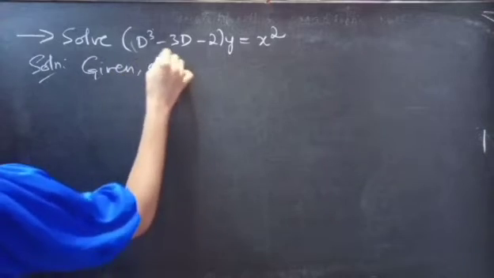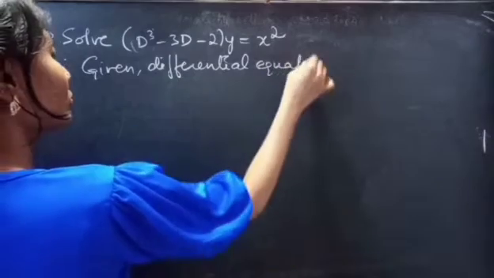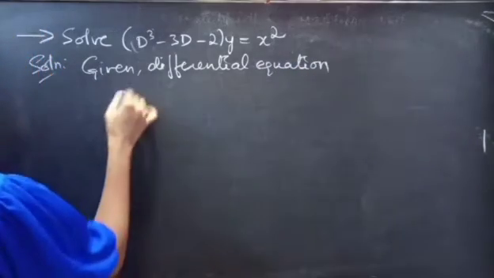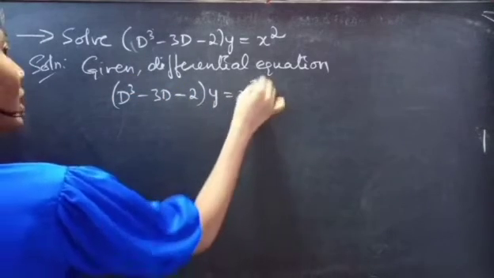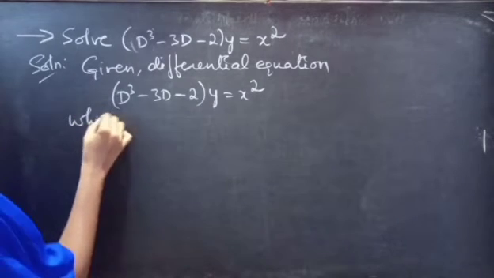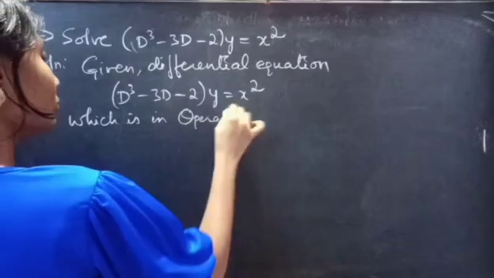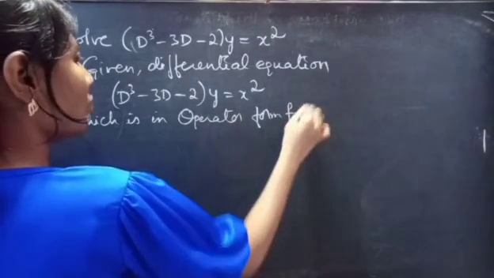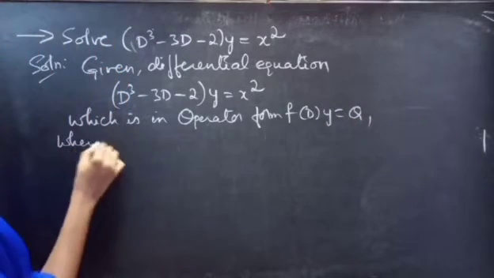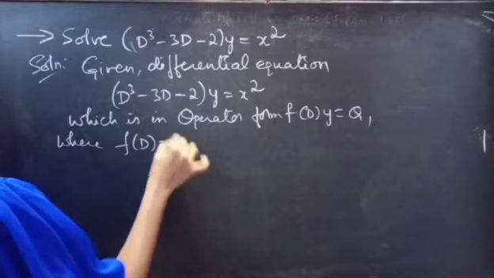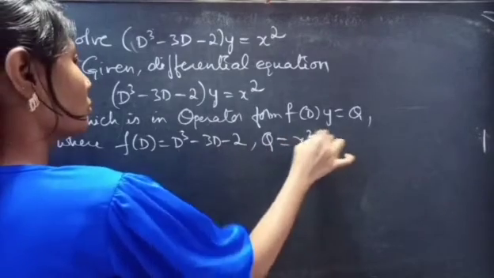Now coming to the problem. Given differential equation, (D cube minus 3D minus 2) y equals x square, which is in operator form F(D) y equals Q, where F(D) equals D cube minus 3D minus 2 and Q equals x square.